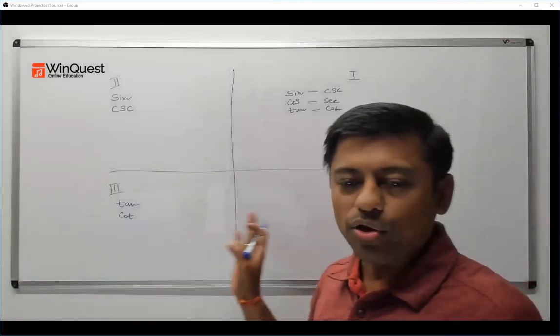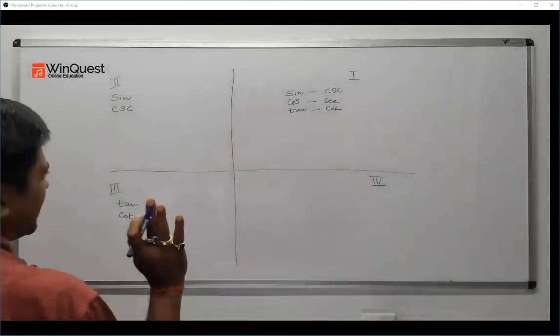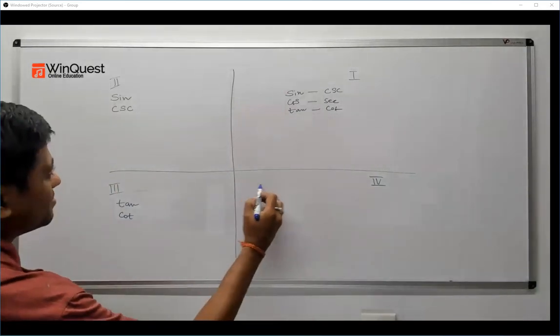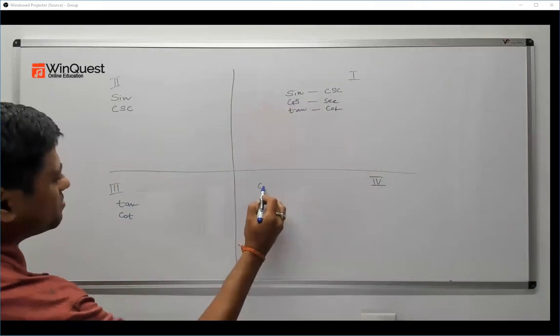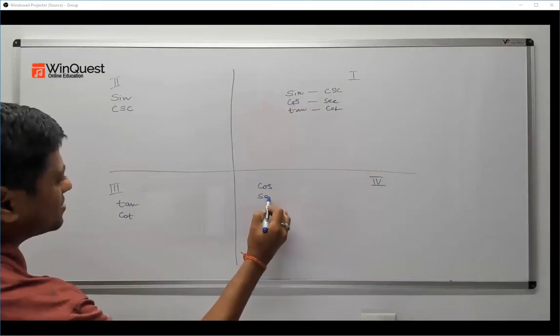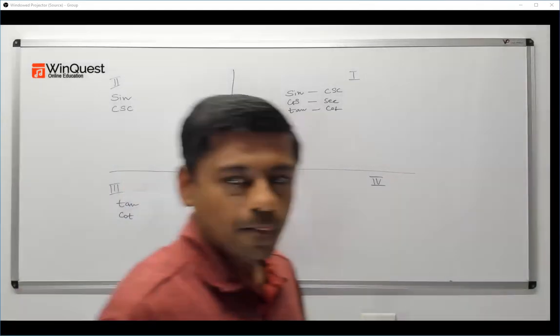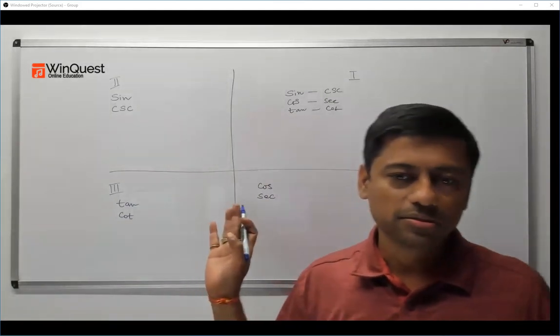And your fourth friend is also very particular. He says, I only like to study. So the fourth quadrant person will come and only talk about studies. So he says, cos is welcomed in my house and its reciprocal. So these are your particularly peculiar friends.